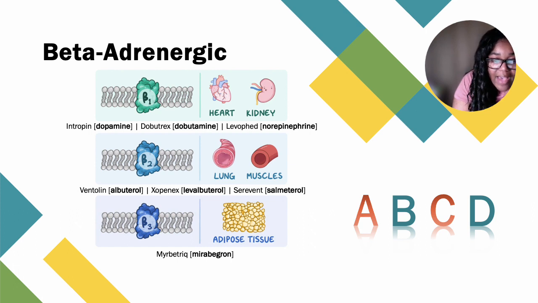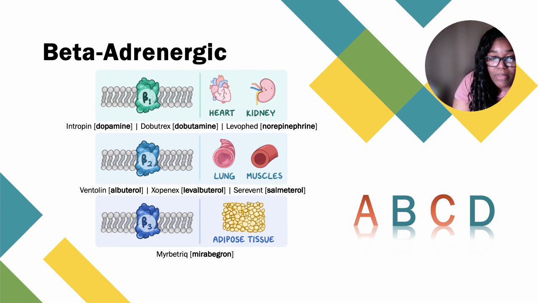And then we have Myrbetriq, or mirabegron, and that one works on beta 3, and particularly our adipose tissue. Again, this is one that is not commonly used, and in fact, they are still doing research on it and seeing how it affects the body. But again, beta 3 does affect the adipose tissue.